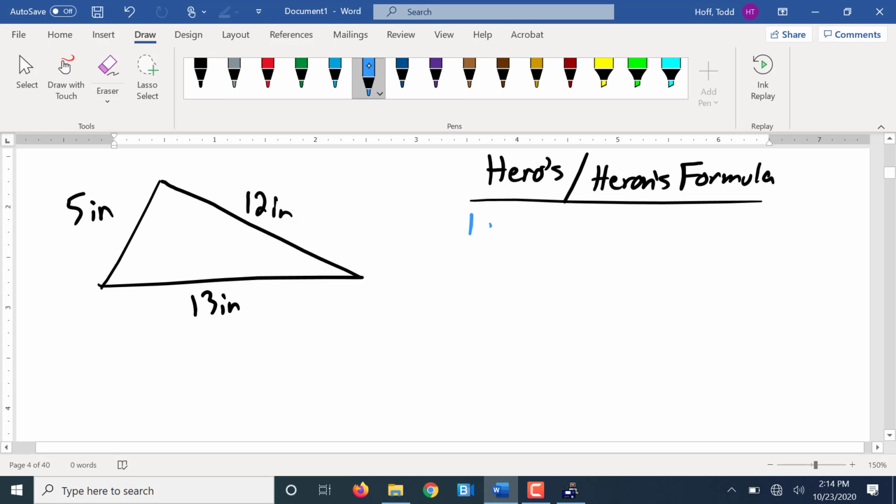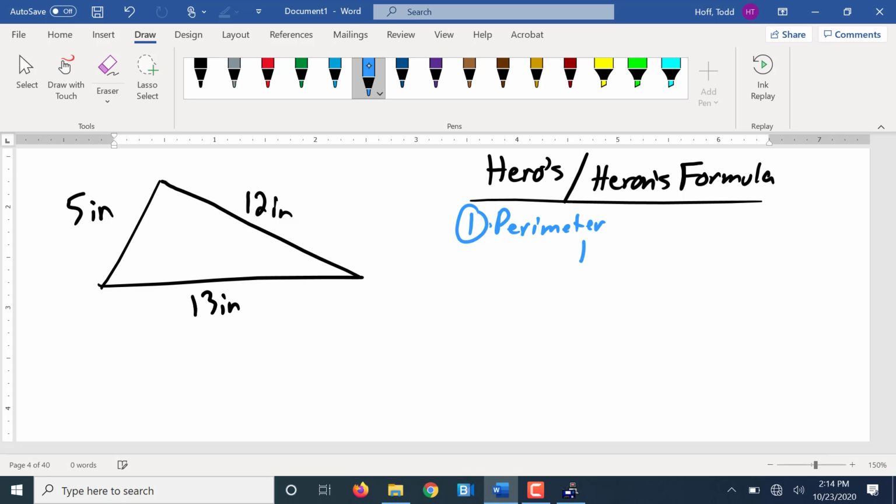And the process, step 1, was to find the perimeter. How do I find the perimeter of this? 30 inches? Okay, we just add them up to get 30 inches.